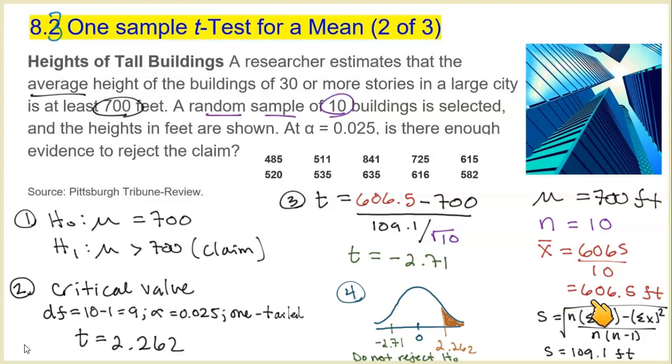So either she would need to reevaluate this and maybe say at most 700 feet, because that would mean 700 feet or less, and then recalculate that information, or take other samples of size 10, or maybe samples of size 30, or samples of size 50, so she can get a more accurate estimate of the average height of these buildings.